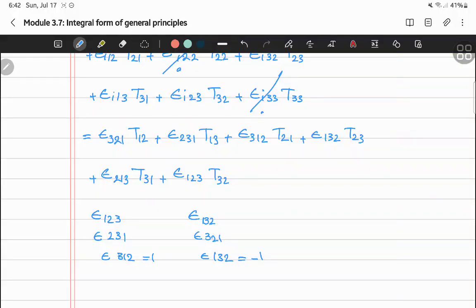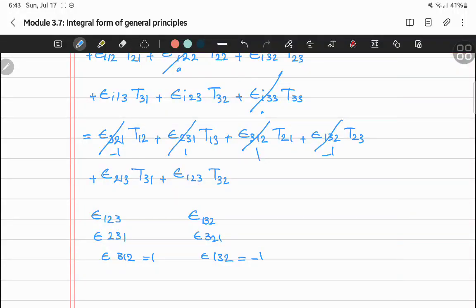So epsilon 3 2 1 is -1. 2, 3, 1 is 1. 3, 1, 2 is 1. Epsilon 1, 3, 2 is -1. I made a mistake in here.